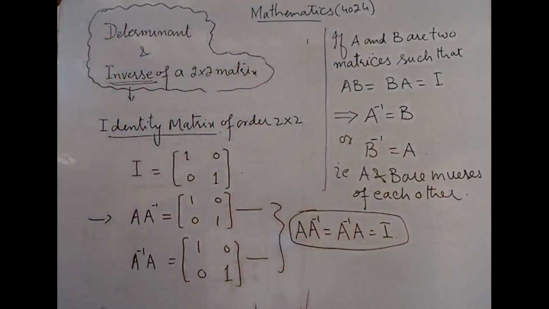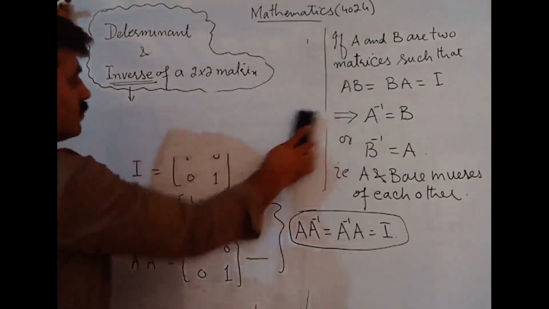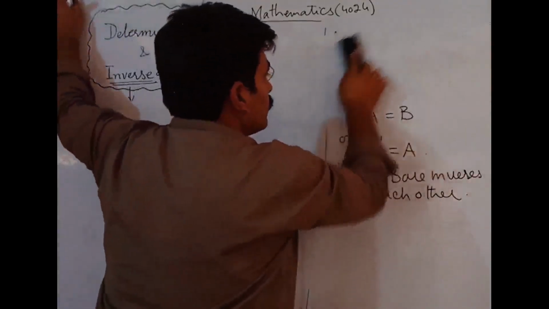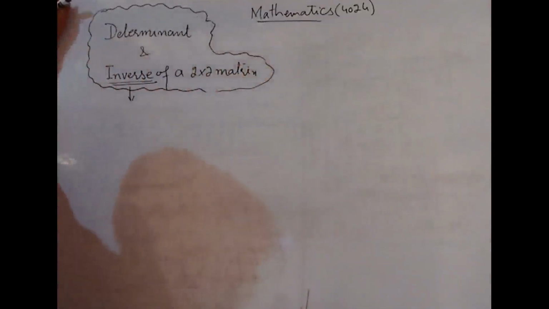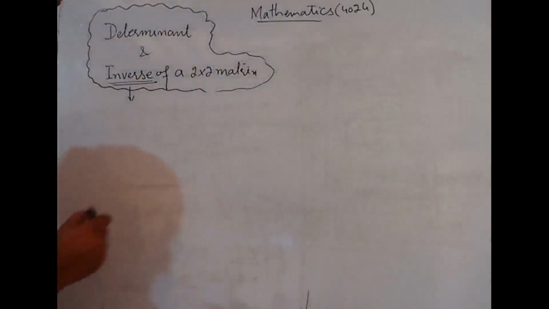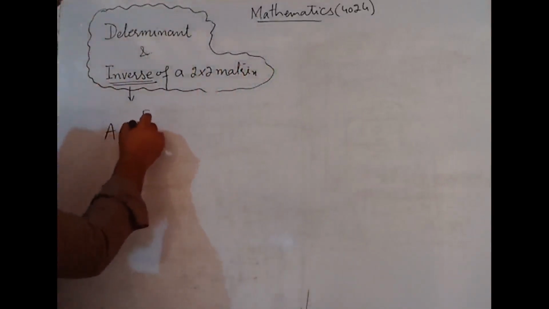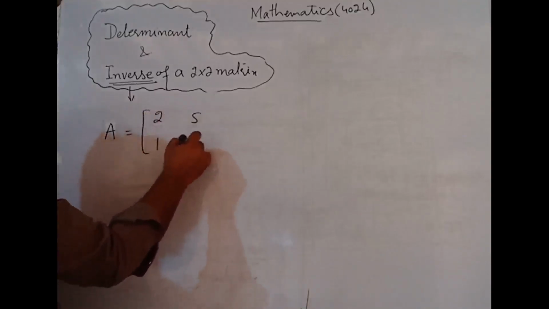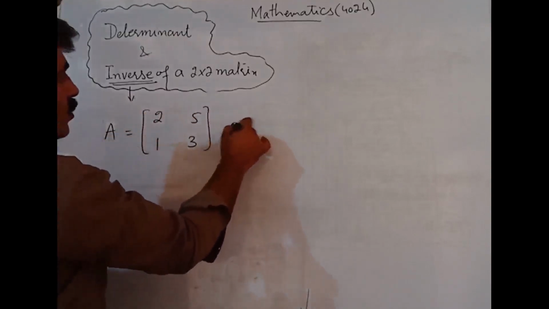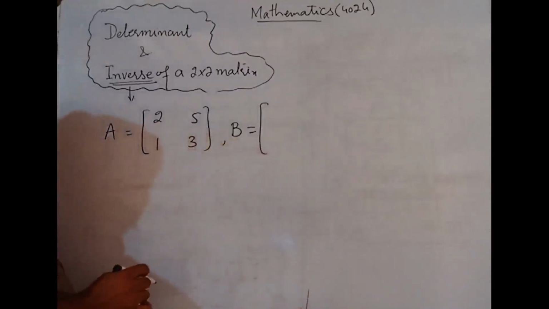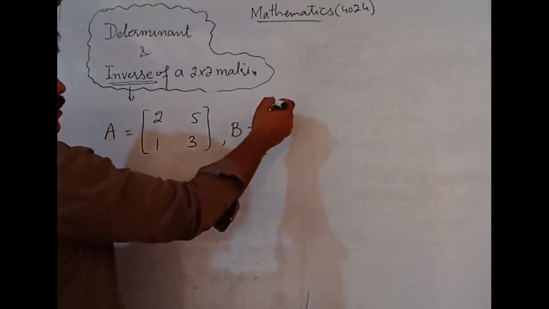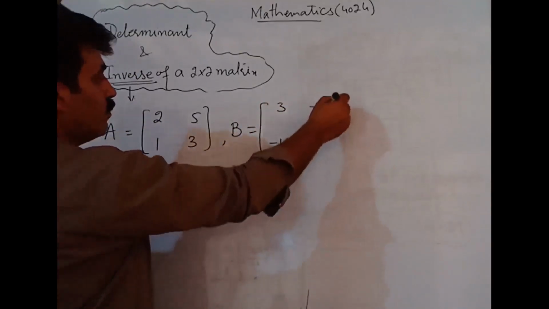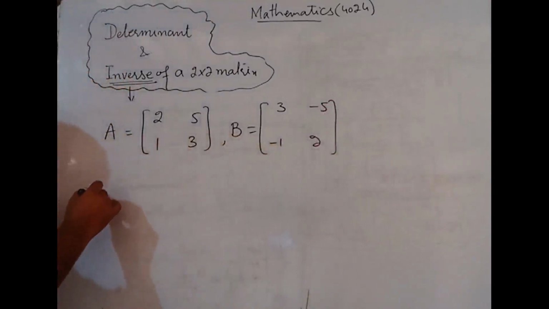An example: if A is equal to 2, 5, 1, 3 and B is equal to 3, -5, -1, 2. We multiply them.